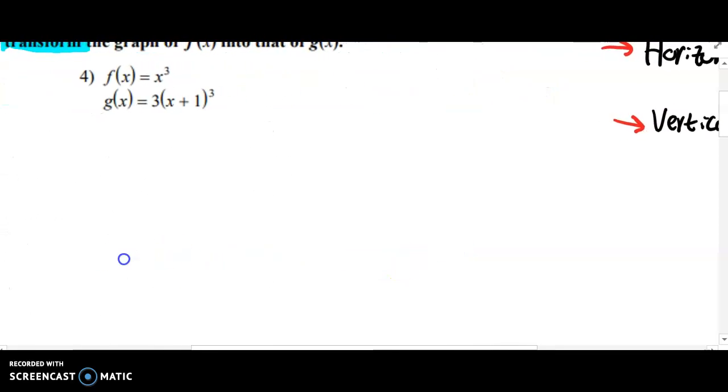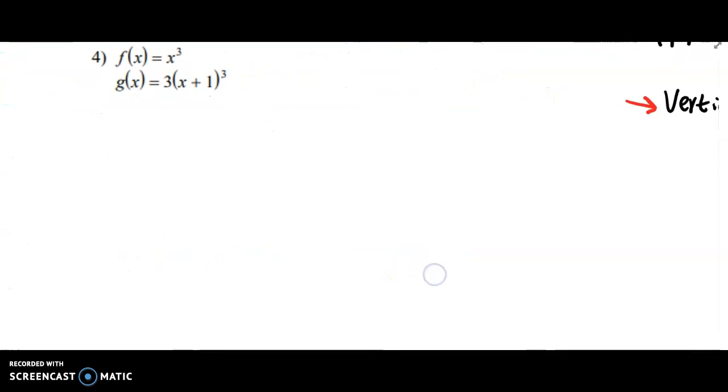We're going to take the same approach in number 4, and we're just going to take each transformation as it's presented to us. So first, we have our 3 out front. So we can start with the graph is stretched by a factor of 3.